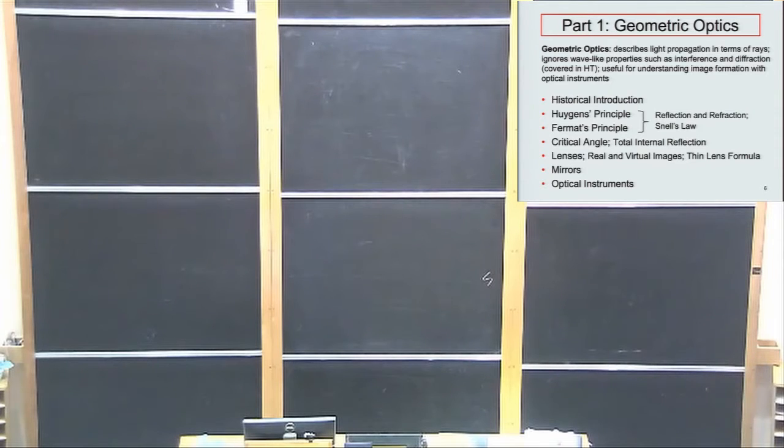Okay, so what is geometric optics? It's a simplified branch of optics, basically, where we describe the propagation of light in terms of rays of light. So we ignore wave-like features such as interference and diffraction. That's what we will cover next term. But it's a very useful approximation in many cases.